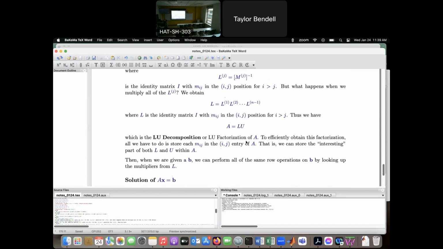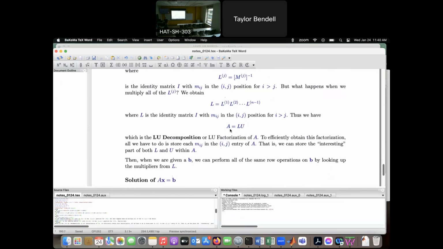So this leads to what is called the LU decomposition, also known as the LU factorization of A. And this decomposition is given to us by Gaussian elimination. So all we have to do to get this is none of the stuff I was just showing you, thankfully. It's easier than that.